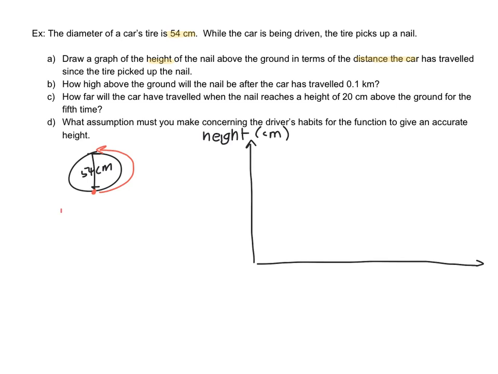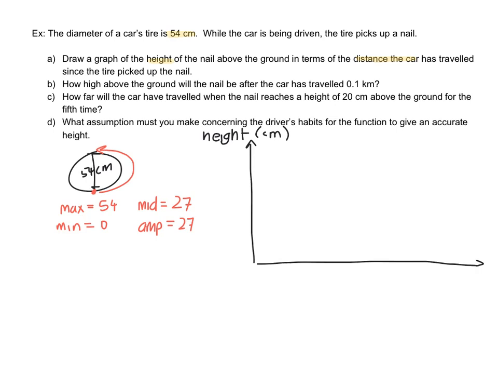So we have a max of 54, a min of 0, and now we can figure out our amplitude and our midline. So my midline would be 0 plus 54 divided by 2, which is 27, and my amplitude would be 54 subtract 0 divided by 2, which is also 27.